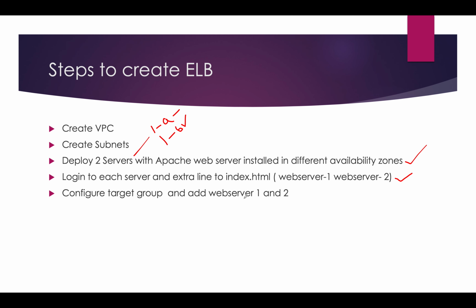If, say, it checks 2 times and your virtual machine is down, then overall your status will be unhealthy. If it is good, it will be healthy. So we'll create one target group and add the web servers.